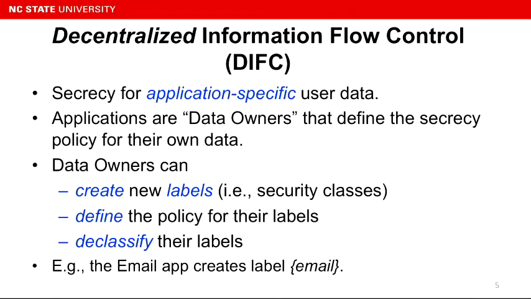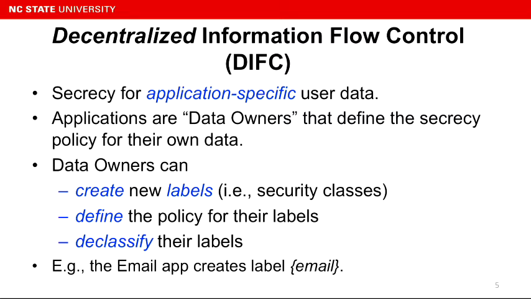So for application-specific data, we have decentralized information flow control, or DIFC. DIFC allows applications to become the data owners for their own secret data. Essentially, these data owners can create security classes to mark which of the data is secret and which is not. They can even define the secrecy policy for the security classes.